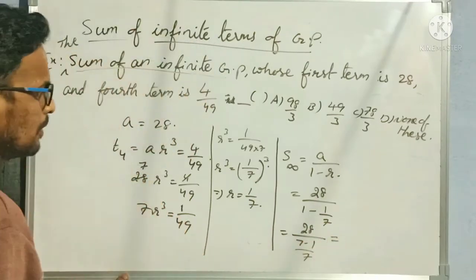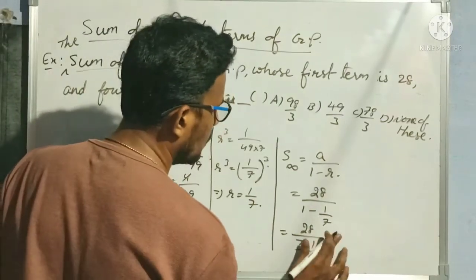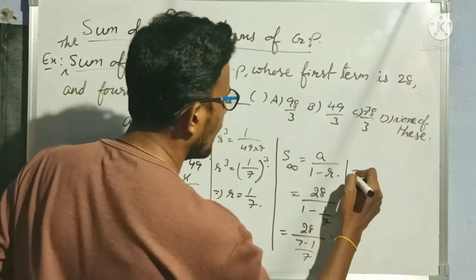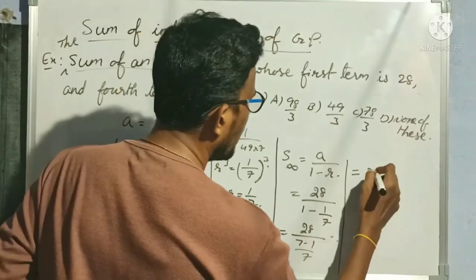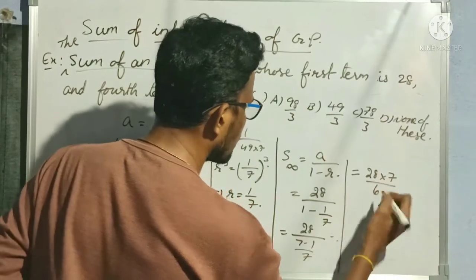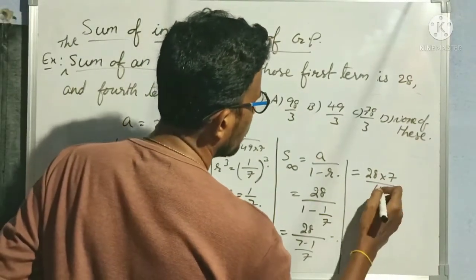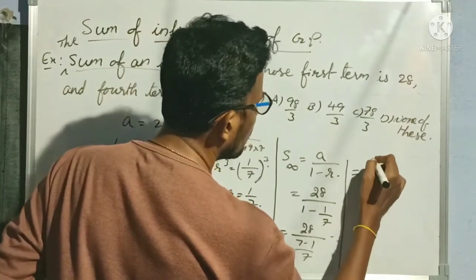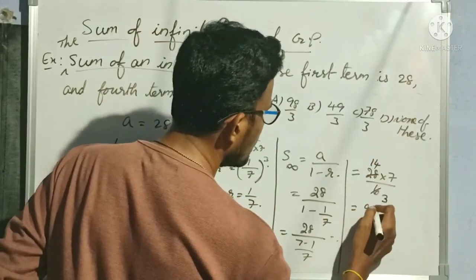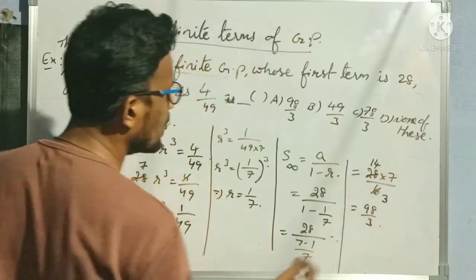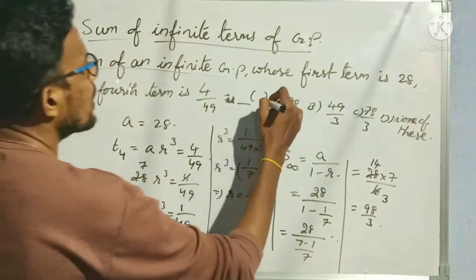This 7 goes to the numerator, so that is equal to 28 into 7 by 6. 2 3s are 6, 2 14s are 28. So the answer is 98 by 3. 14 into 7 is 98. So 98 by 3 is my answer.